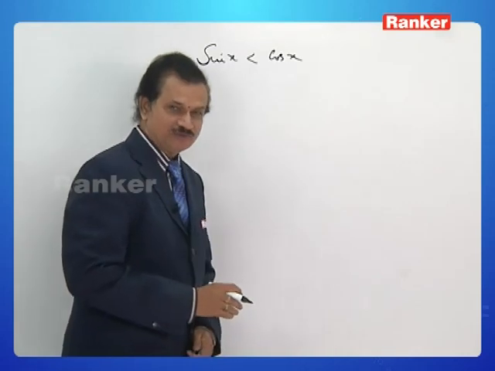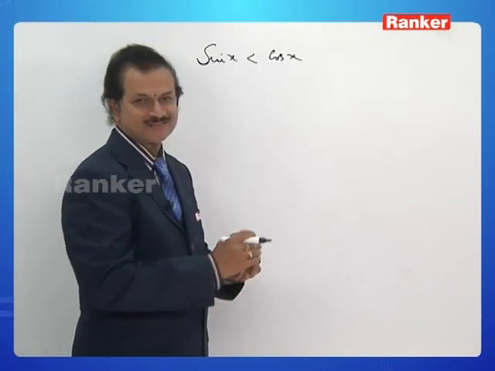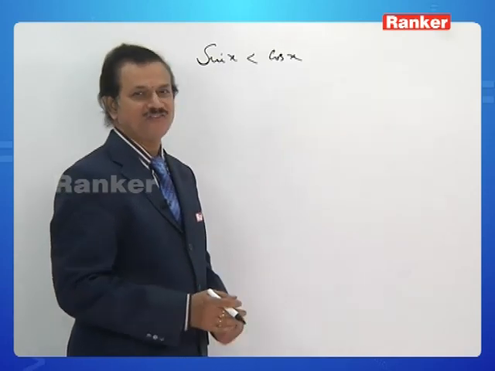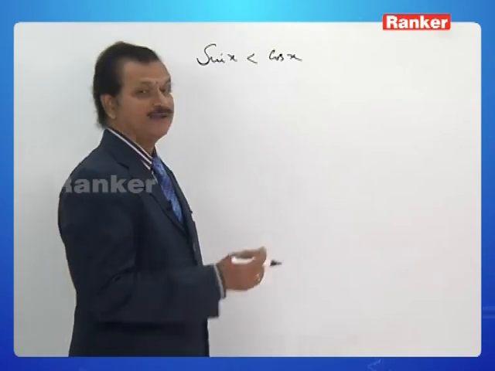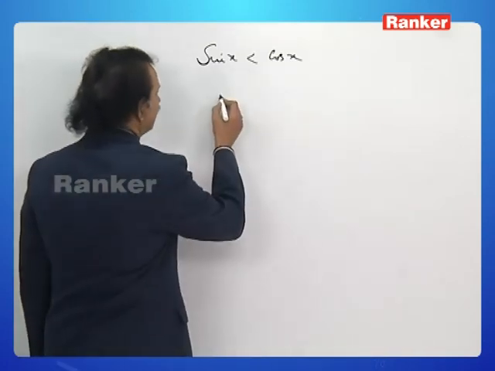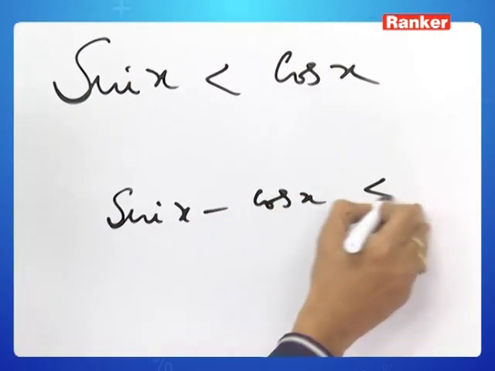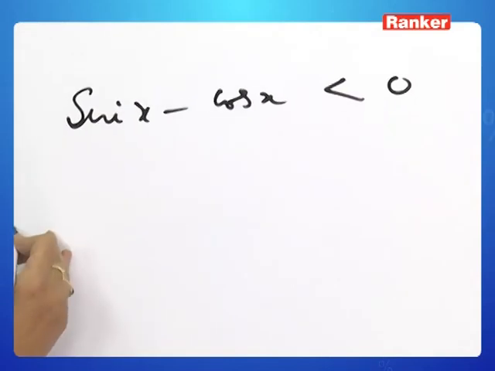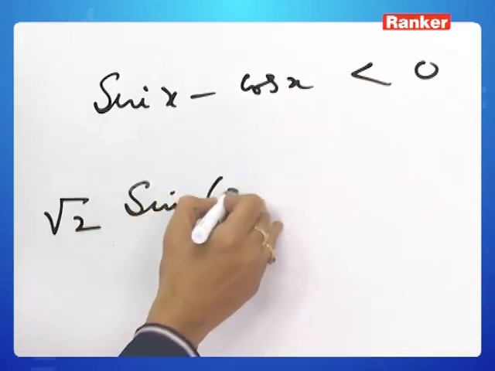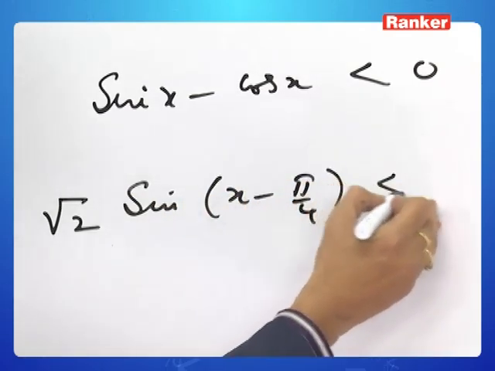And you have to trace the region in which sin x lies below cos x, and you should prepare a general solution for that also. That is one way. And another way is sin x is less than cos x, means sin x minus cos x less than 0. That is root 2 into sin of x minus 45 degrees or pi by 4 is less than 0.